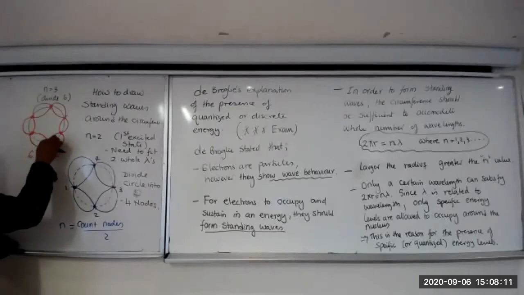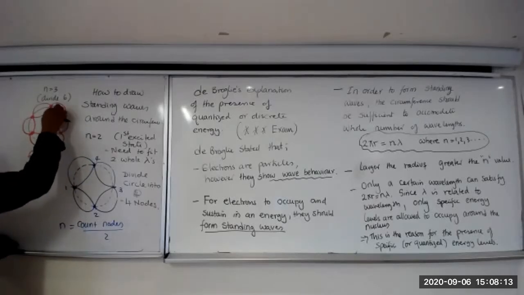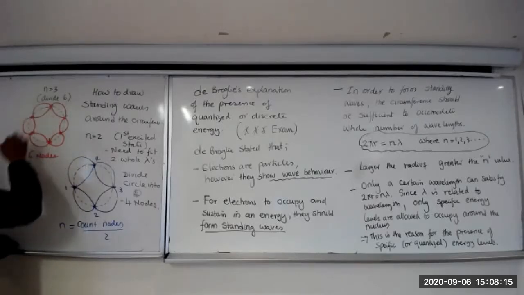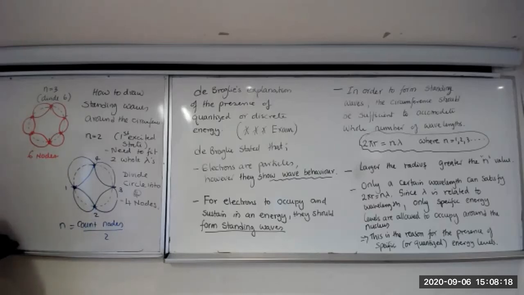Get rid of these ones. Yep. So n equals 1 is a bit difficult, but you can still do it. n equals 1, divide into 2. You can't have n equals 0, okay? I think last year one of the schools said n equals 0. You can't have n equals 0.